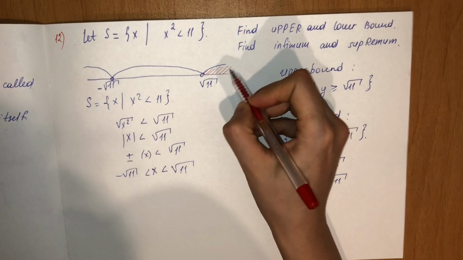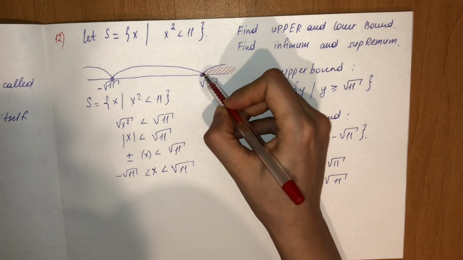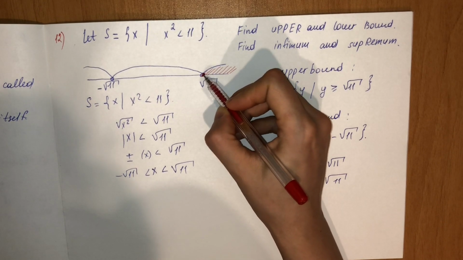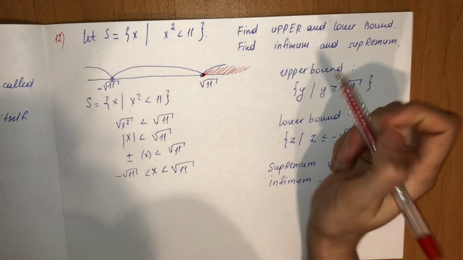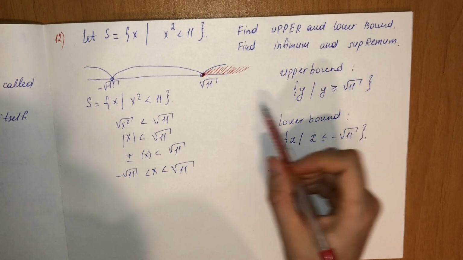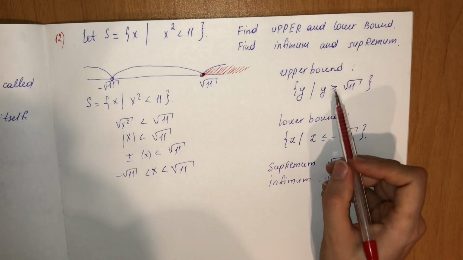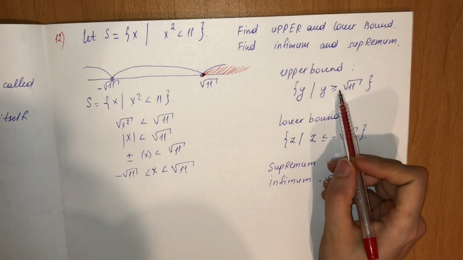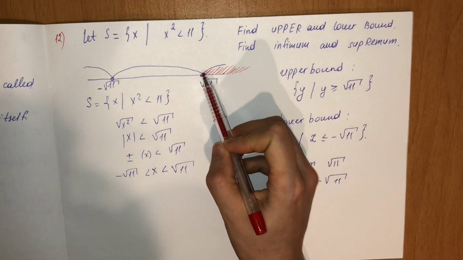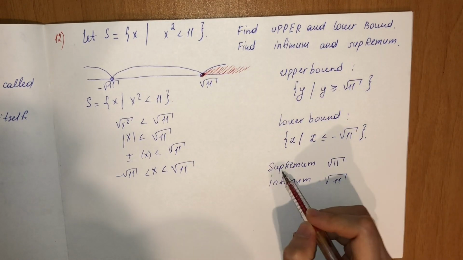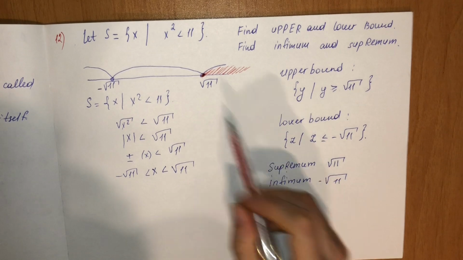As is clearly seen, this point is included; the upper bound starts from this point, and the least element of the upper bound is the supremum of this set.